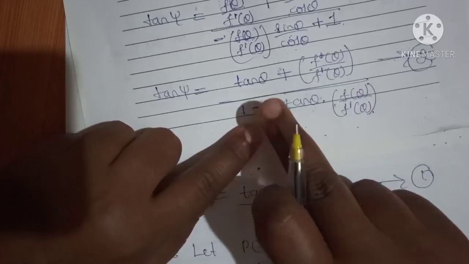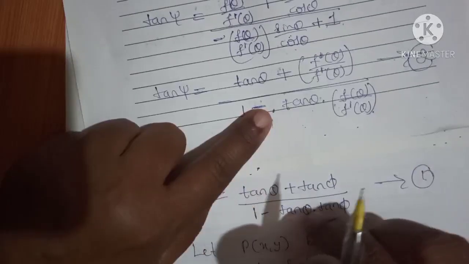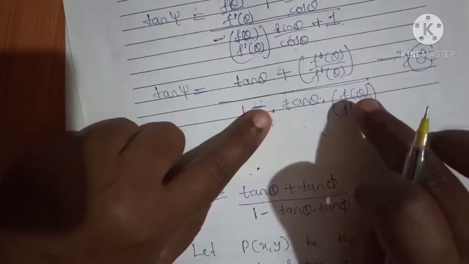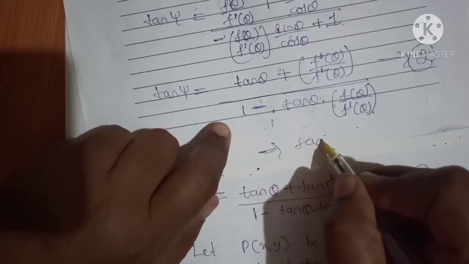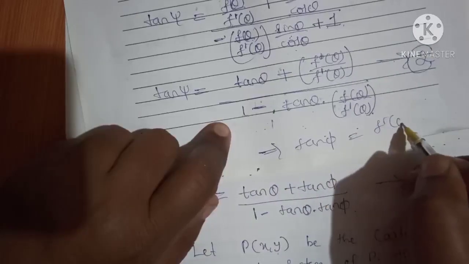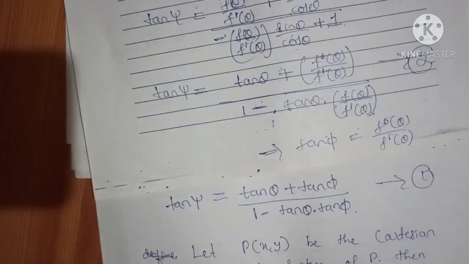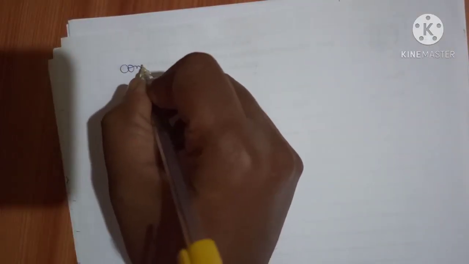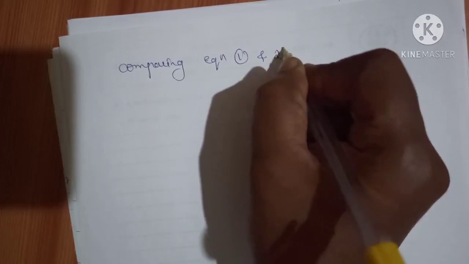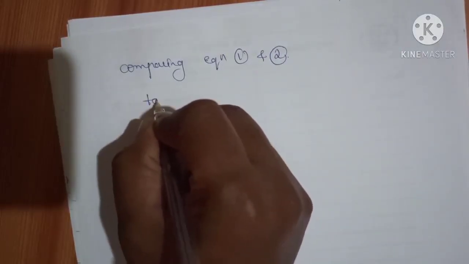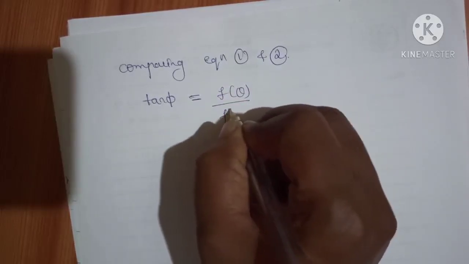Even in the denominator, in the place of tan phi we have f of theta divided by f dash of theta, so that it gives tan phi equals f of theta divided by f dash of theta.